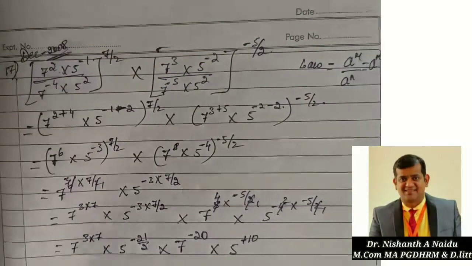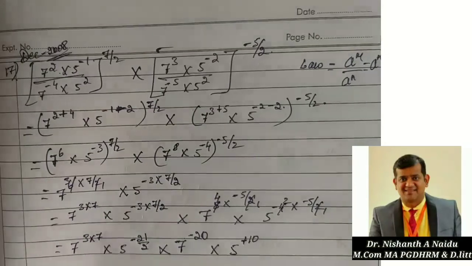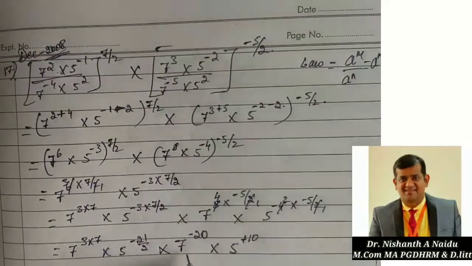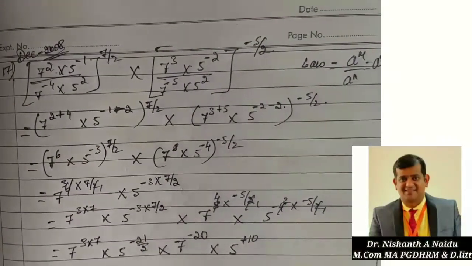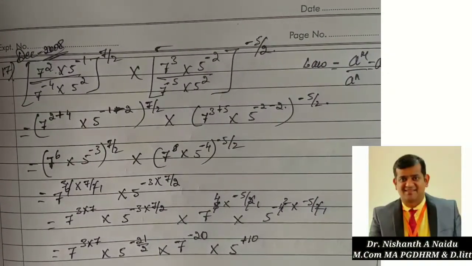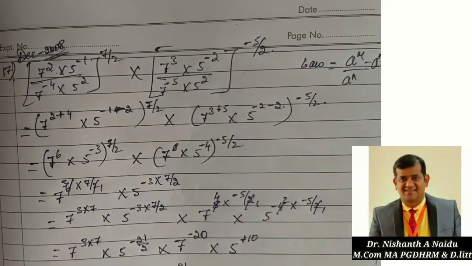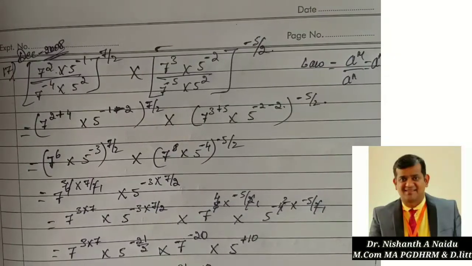Okay, so now when the bases are the same, what we can do is: 3 sevens are 21 minus 20, 7 to the power of 21 minus 20, into 5 to the power of minus 21 divided by 2 plus 10. So 2 tens are 20.